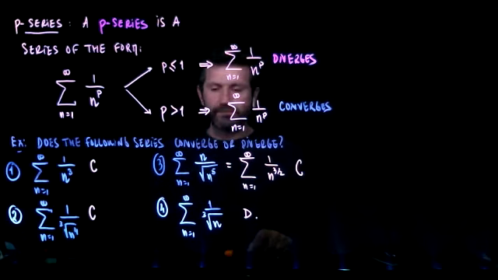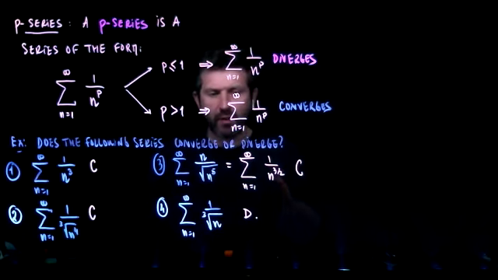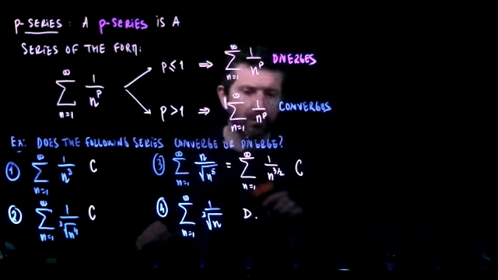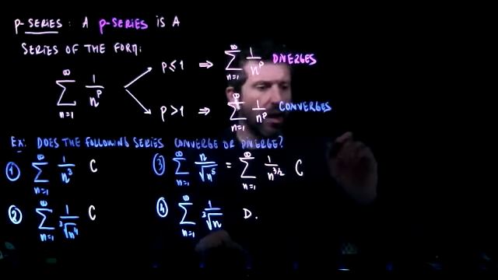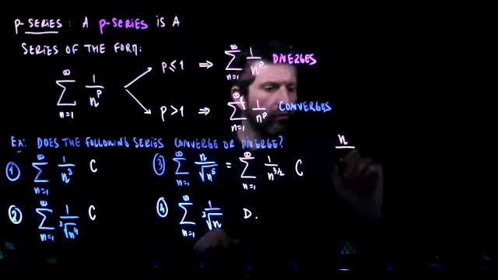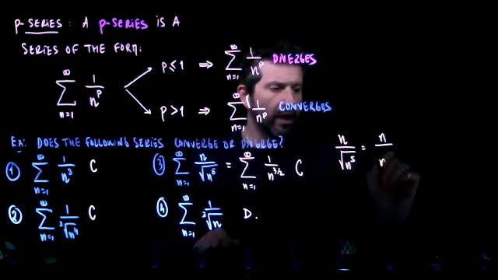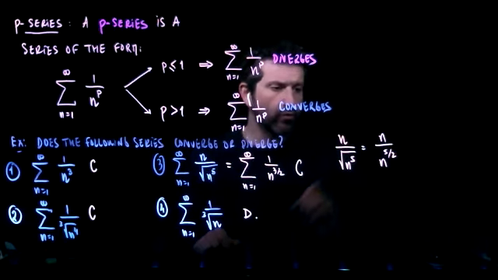Sir, could you please explain number 3? You understand how we got this? Yes, so p is 3/2. I don't get how you got that. Okay, no problem. n over the square root of n to the 5 is equal to n over n to the 5/2, right?